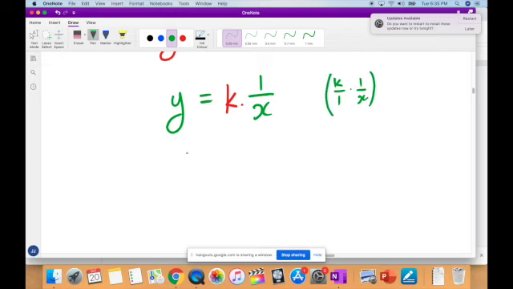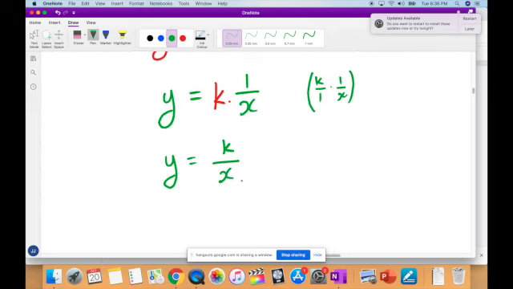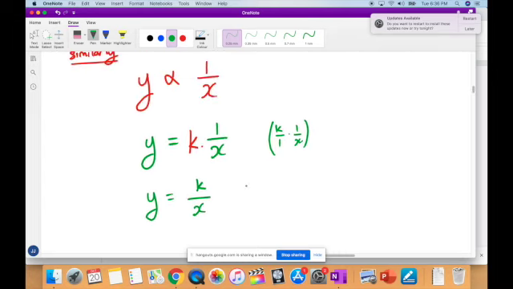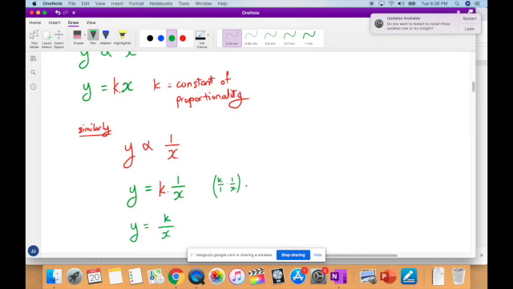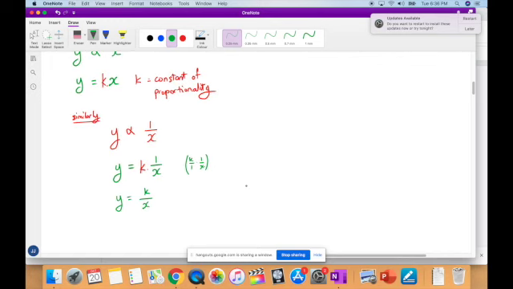So you see where all of that number theory stuff is coming in. So therefore we could say that Y is equal to K over X. So does everybody understand the constant of proportionality and how we form an equation?